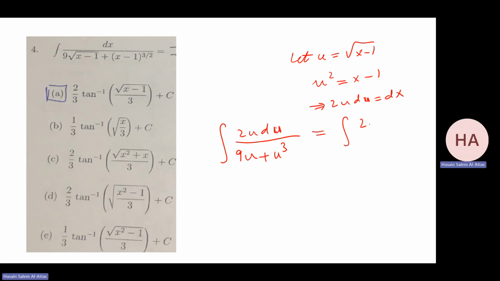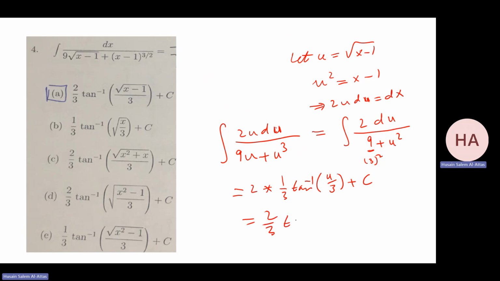That will be 2 du over 9 plus u squared. Now it's ready. This is 3 squared, so this is my a: 1 over 3 tan inverse of u over 3 plus c. So that will be 2 over 3 tan inverse of, what's my u? The square root of x minus 1, over 3 plus c.